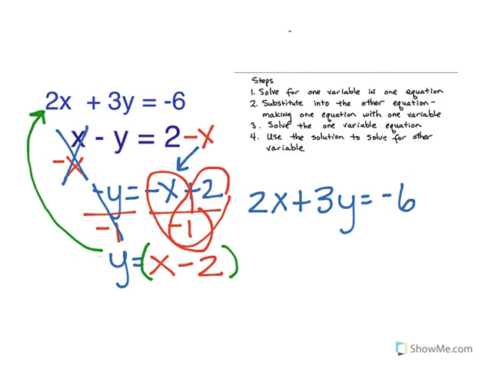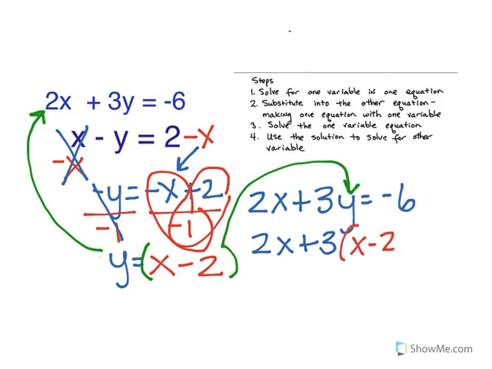So now I'm going to plug in for y into this equation. y is no longer going to be 3y. It's going to be 3 times x minus 2. So I'm going to rewrite 2x plus 3 times x minus 2 equals negative 6.